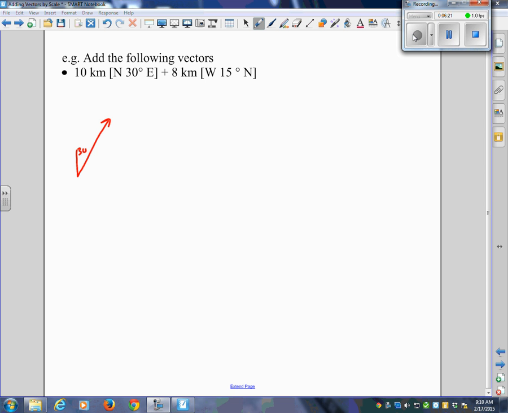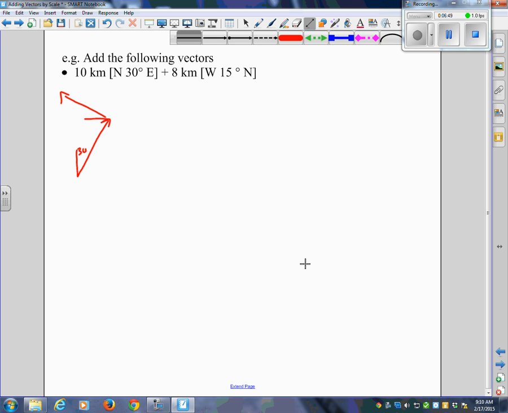It's so you know where to draw it on the page, and it allows you to think about the details. So north 30 east, and then west 15 north. From there we're going to go west, and then we're going to go 15. So where should I start my diagram? Way down here. Give yourself lots of room.